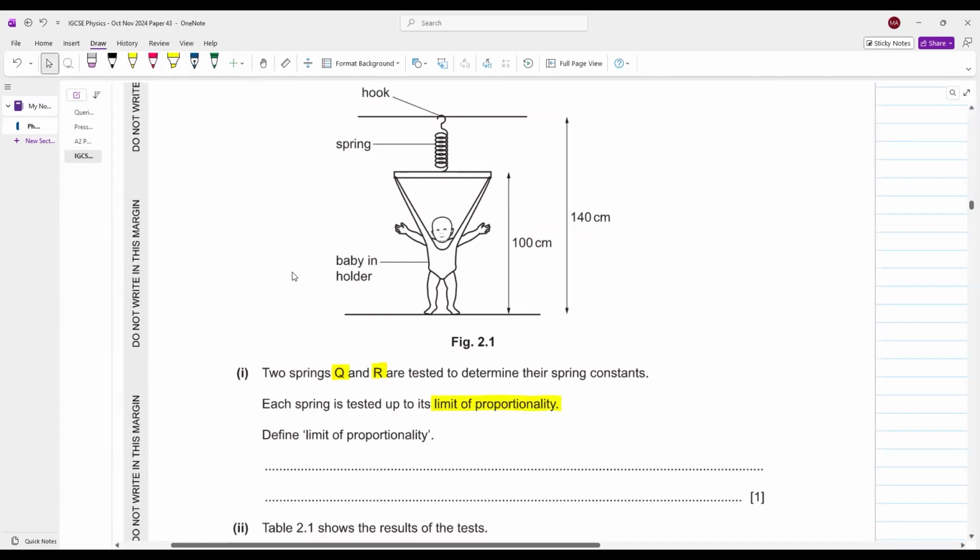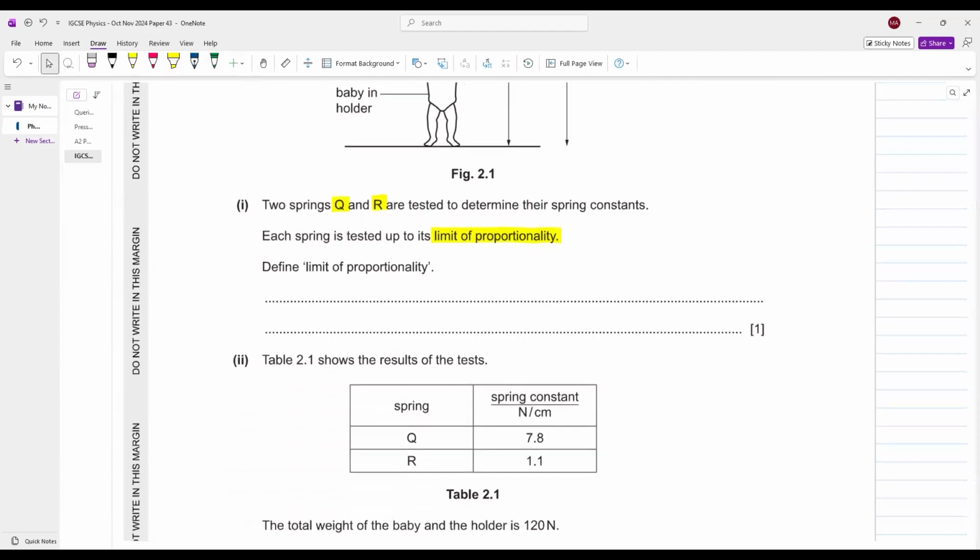Define limit of proportionality. What is the limit of proportionality? Limit of proportionality is the maximum force up to which extension is directly proportional to the load.